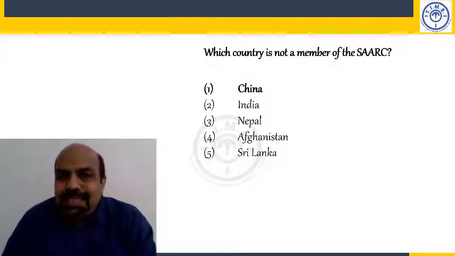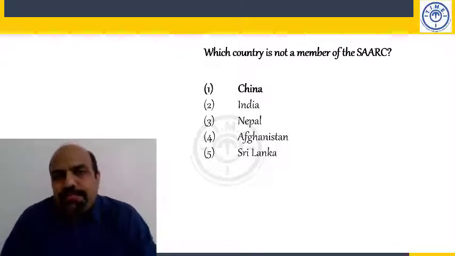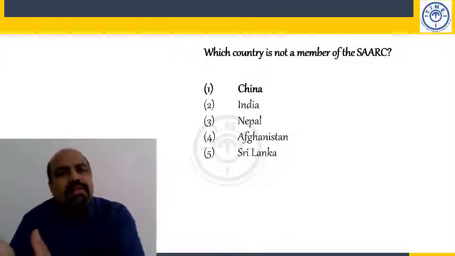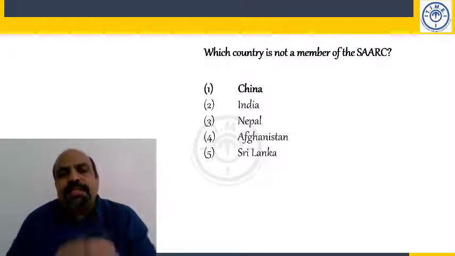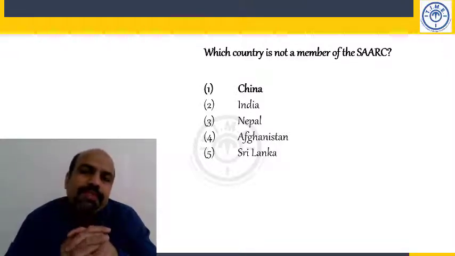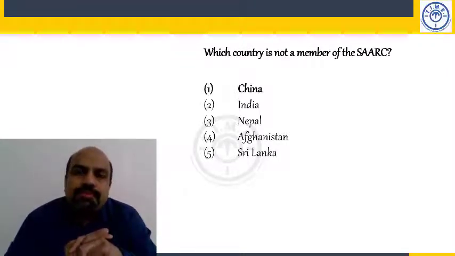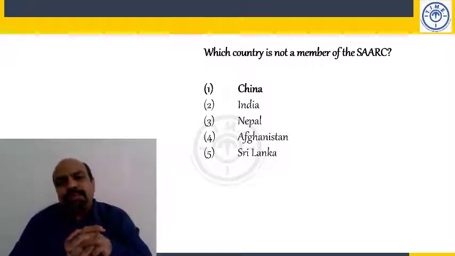Second point. Established in 1985. I normally don't say established in, I say established then the year, which is as good as saying established in. Next, head office, secretariat, that is where the entire office sits.